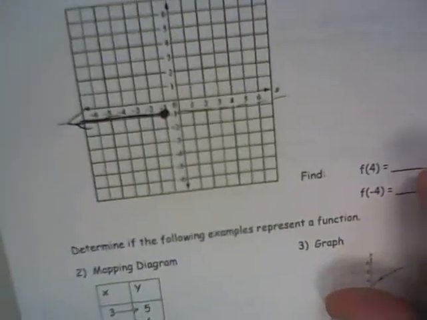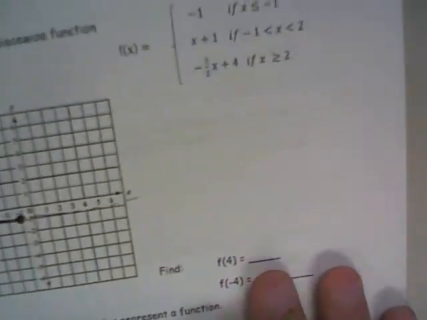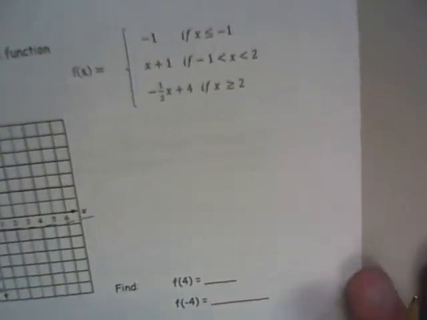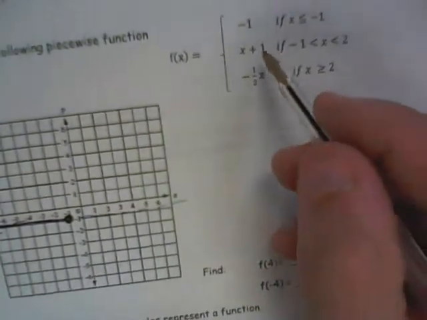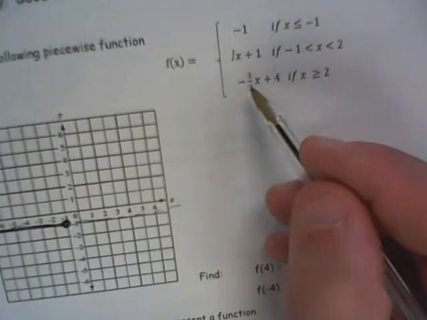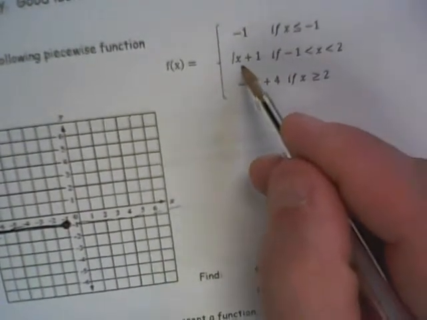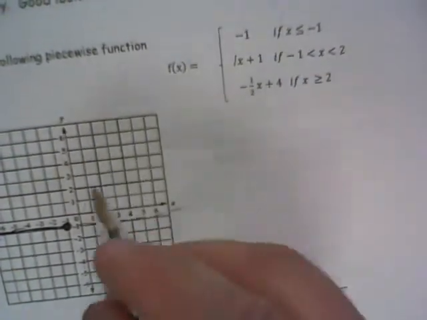I'm going to move this a little bit closer so that you guys can maybe see this a little bit better. Okay? The next one is f of x equals x plus 1. And it's equal to x plus 1, that means the y-intercept is 1 and the slope is 1.